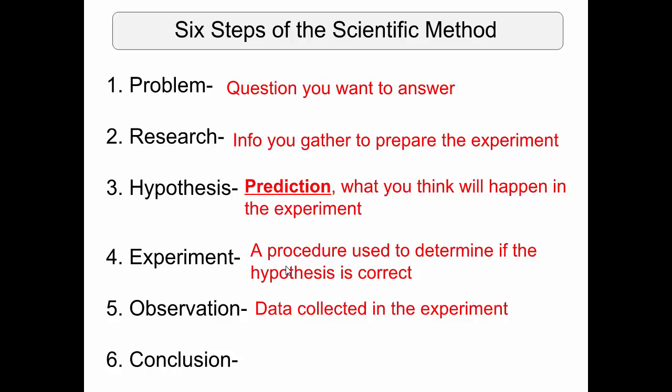And then finally, the last step is she looks at her data that she collected and comes up with a conclusion. And in her conclusion, she decides, okay, here's my data. Was my hypothesis correct or was it not? Was my prediction correct based on the results of my experiment? And those are the steps of the scientific method and what they need.